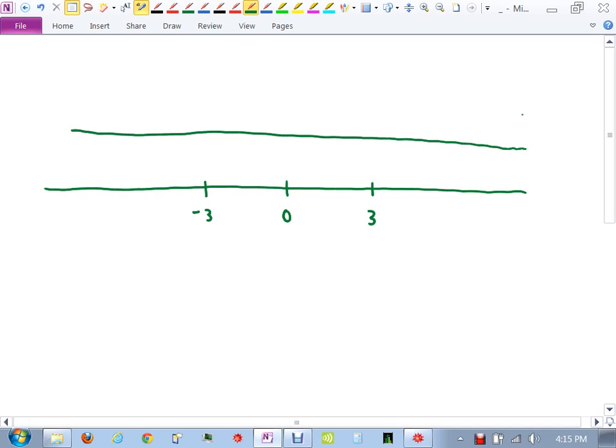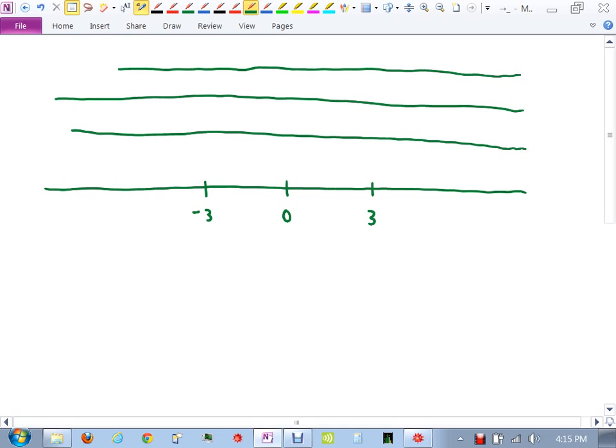Now, above this, I'd like you to draw 3 lines, and then we're making a table here, like this. And then dotted lines coming straight up from those critical numbers, like this.